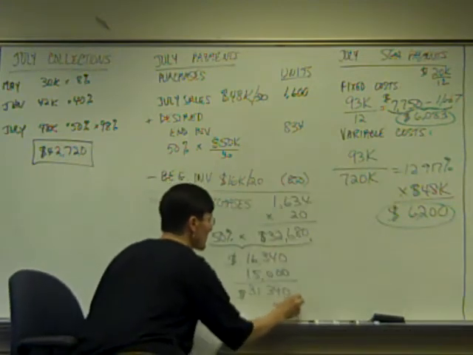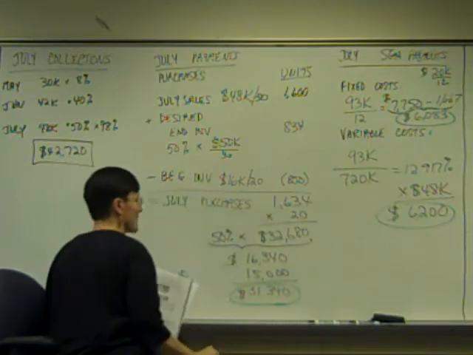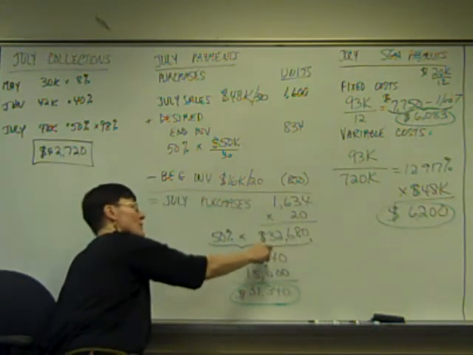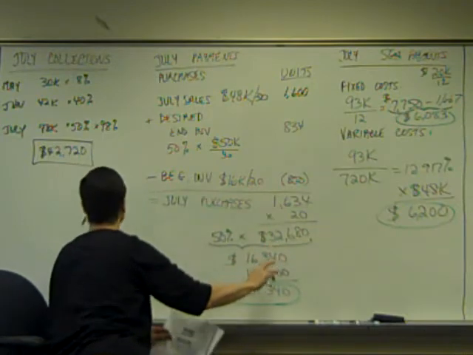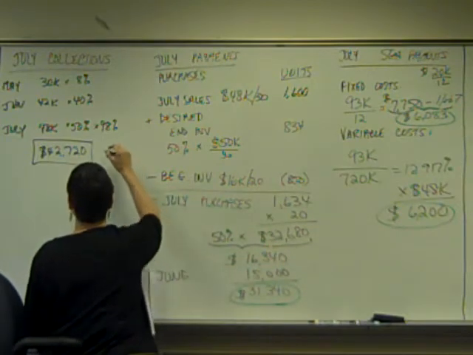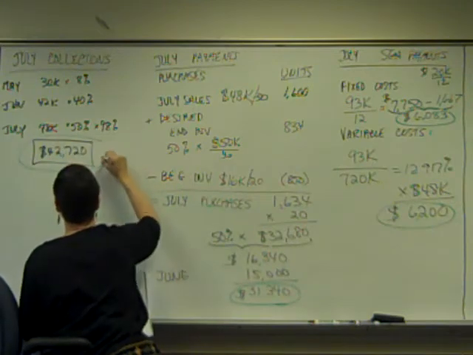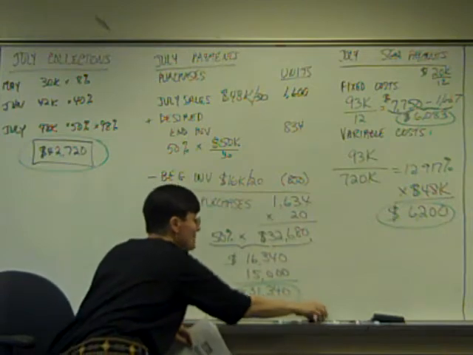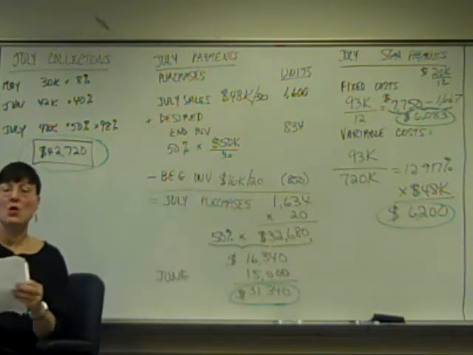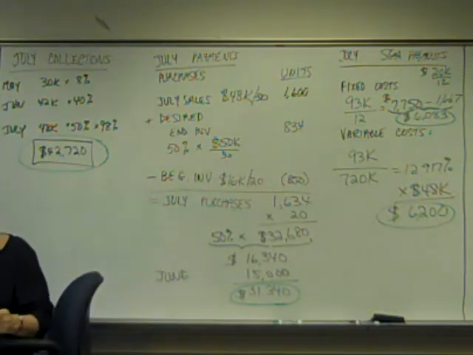For purchases, we're going to be paying $31,340. Even though we're buying $32,680 in July, that's not what we're paying in cash. And then for our collections from customers, we're going to collect $42,000. So those were the three pieces that went into your cash budget.